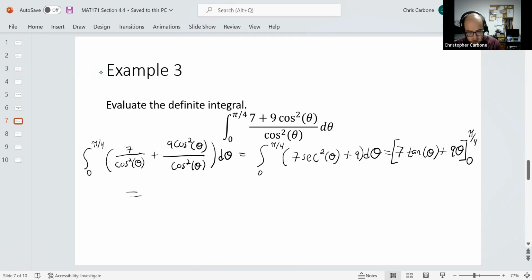So this will be 7 times the tangent of pi over 4 plus 9 times pi over 4 minus 0 plus 0. This will give us 7 plus 9 times pi divided by 4.